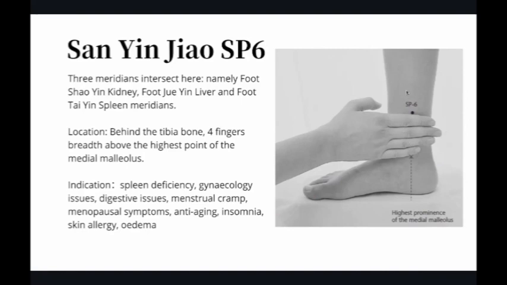There's a tibia bone here, and you use four fingers spread above the highest point of the ankle. It can treat gynae issues, digestive issues, menstrual cramps, and helps the circulation in the lower extremities. It's also good for anti-aging, insomnia, skin allergy, a lot of things.